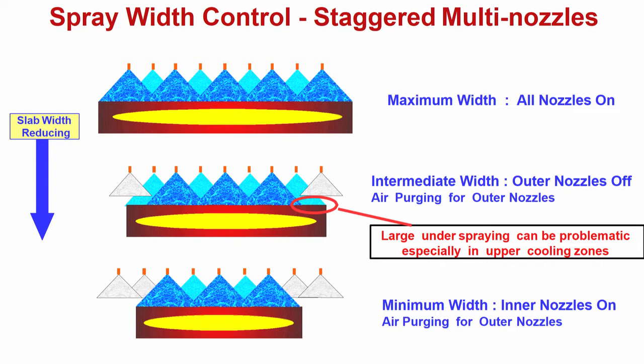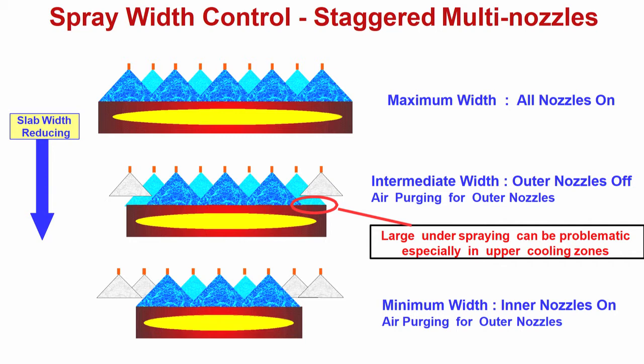So what problem can it have? It is mentioned here that large underspraying can be problematic, especially in upper cooling zones. Since we are not using these, there is a possibility of underspraying in certain extreme areas. Upper cooling zone means you have just come out of the mold.